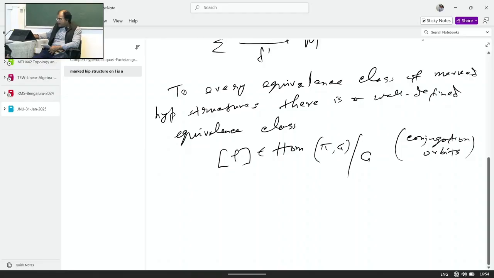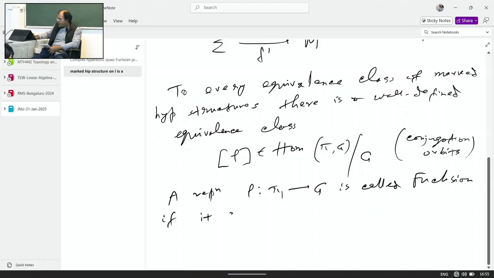And a representation rho: pi_1 to G is called Fuchsian if it comes from a hyperbolic structure.